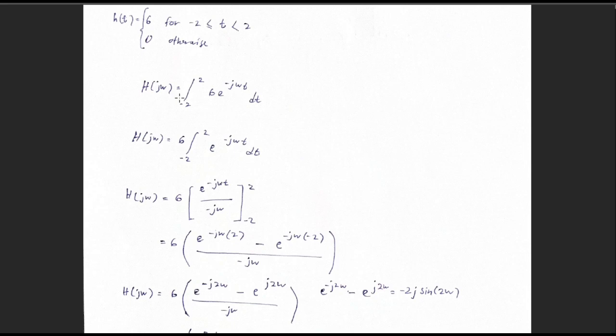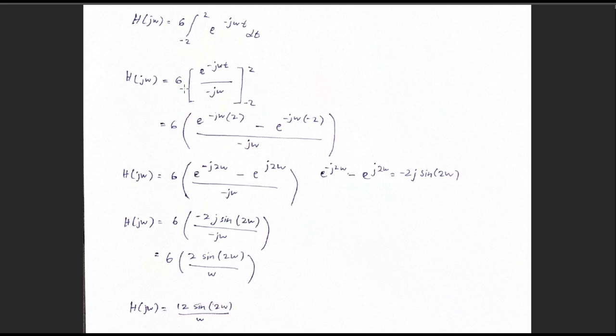We exchange h(t) to 6, exponent negative jωt dt. So we take 6 to the front, and it will be like this: 6, upper limit 2, lower limit negative 2, exponent negative jωt dt.